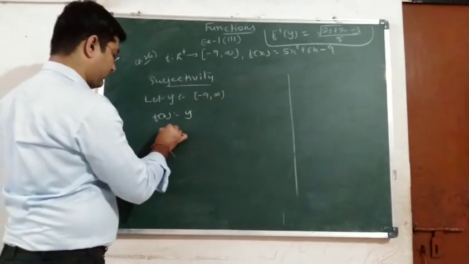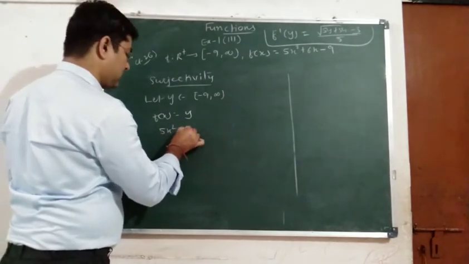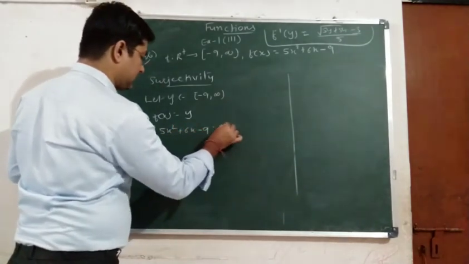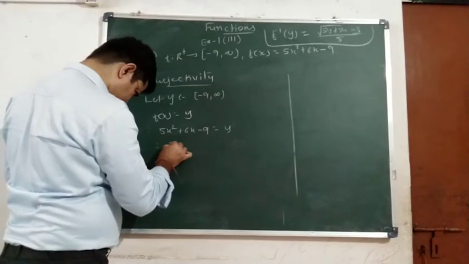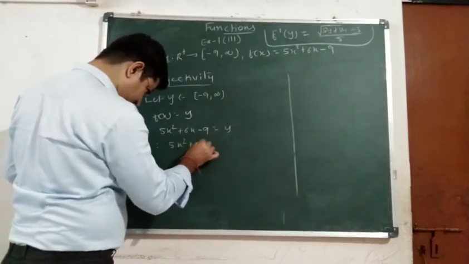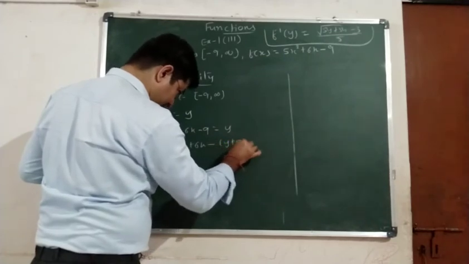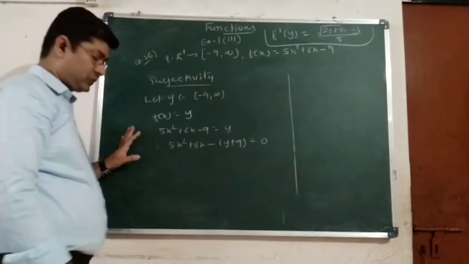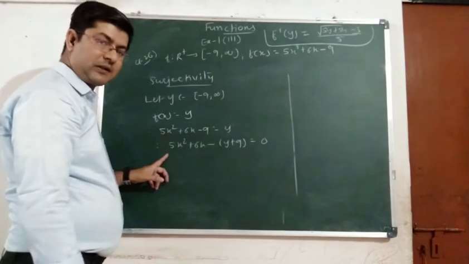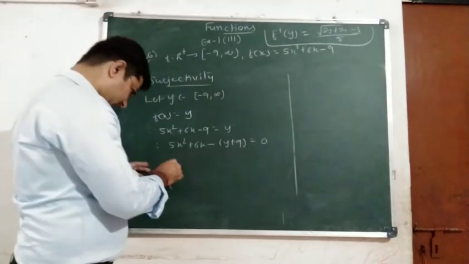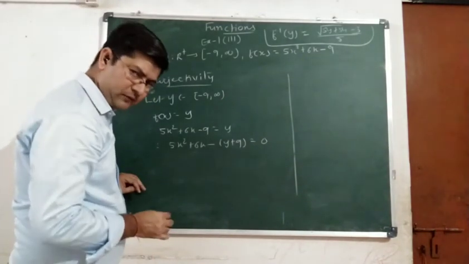Therefore 5x square plus 6x minus 9 equal to y. Therefore 5x square plus 6x minus y plus 9 is equal to 0. Obviously this is a quadratic equation in x. So let us first check the nature of roots.